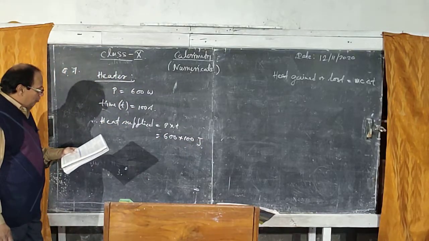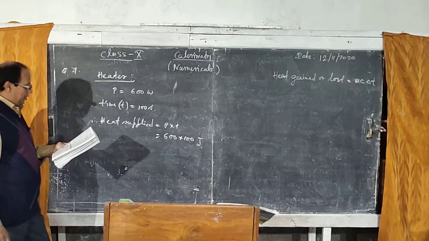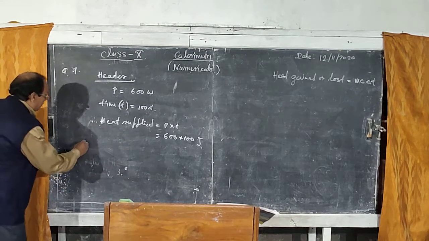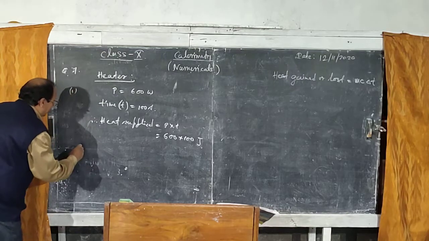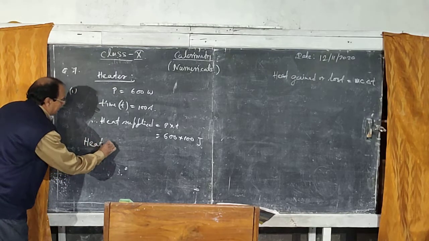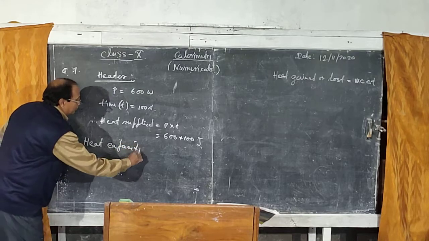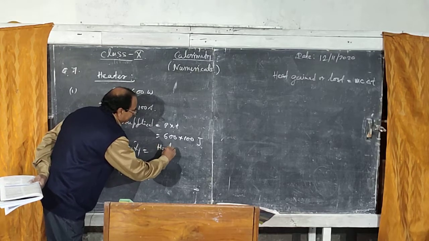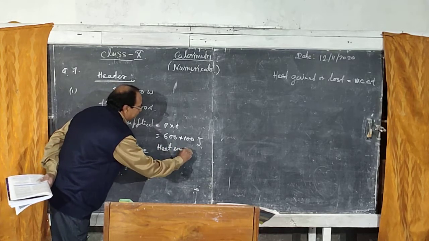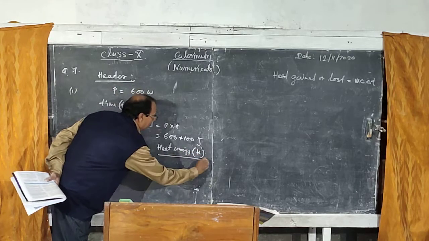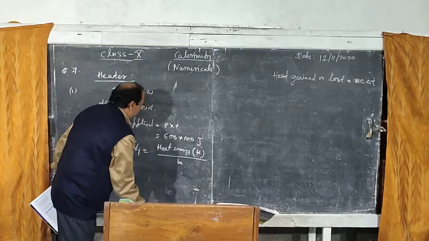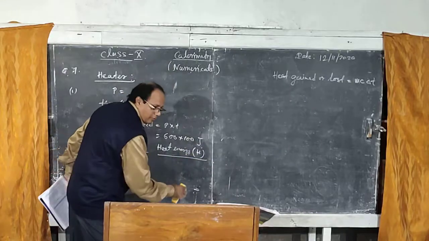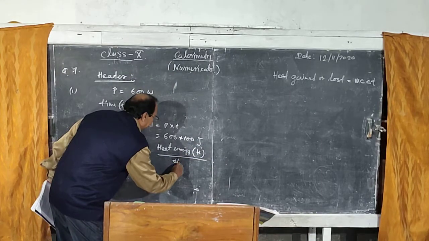Now we will go for the first part, heat capacity of 4.0 kg of liquid. Therefore heat capacity equals heat energy H upon ΔT.